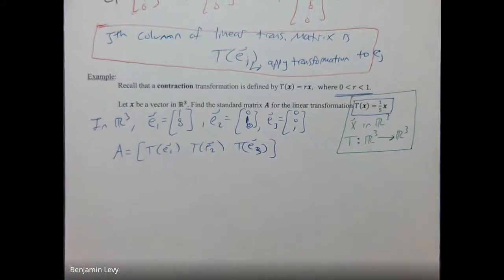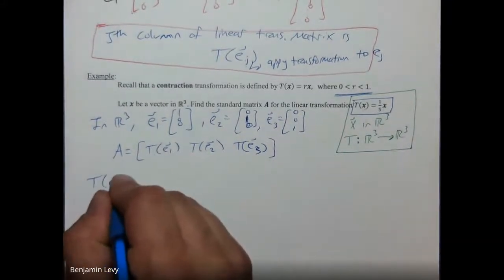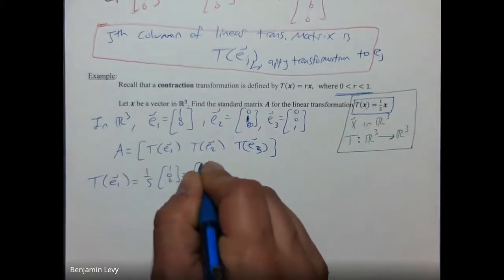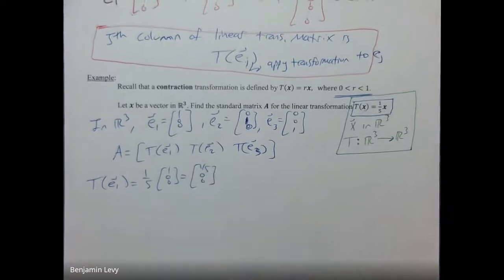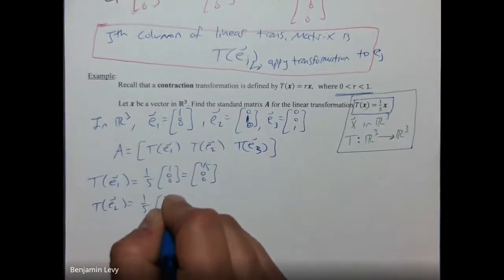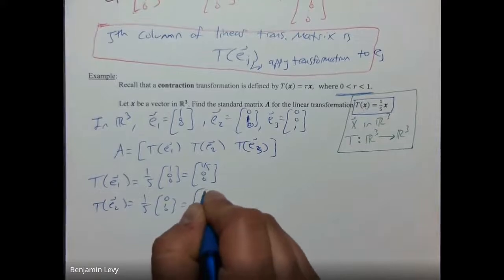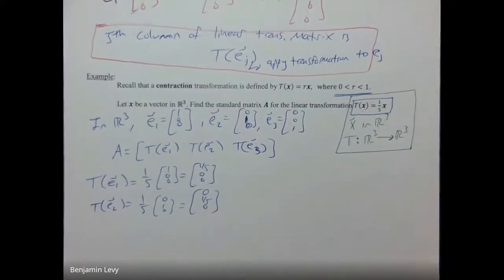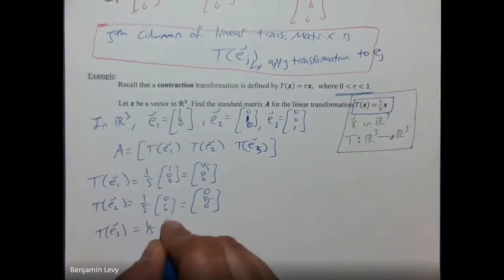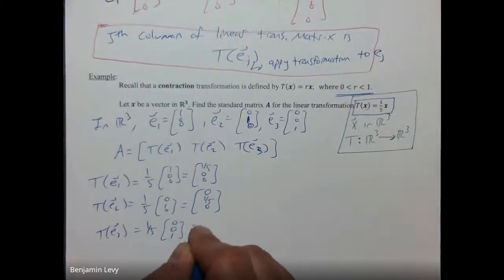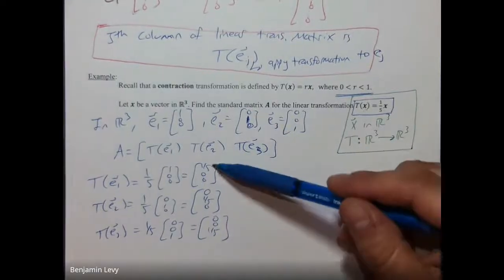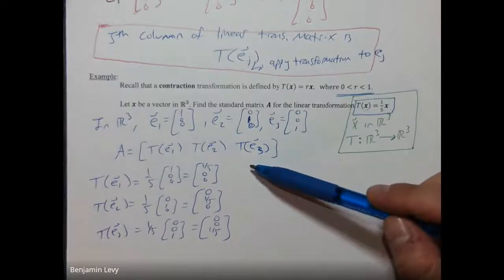So when we apply it to e_1, you're just multiplying e_1 by 1/5, which puts a 1/5 in that first spot. If we do the same thing with e_2, it puts a 1/5 in the second spot. And when we do it with e_3, it puts a 1/5 in the third spot. And so those are the three columns of the matrix we're looking for.